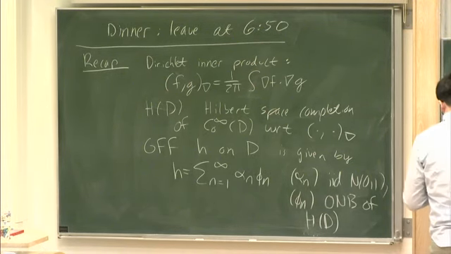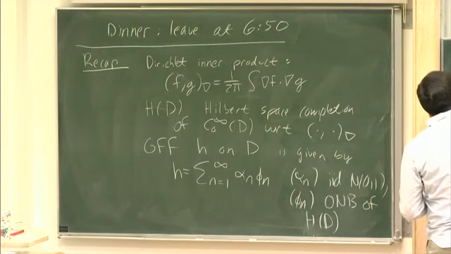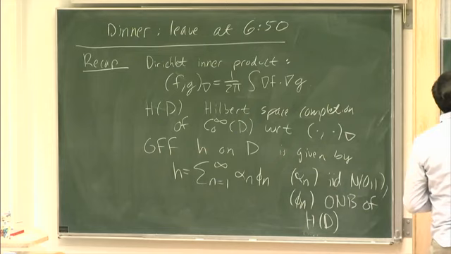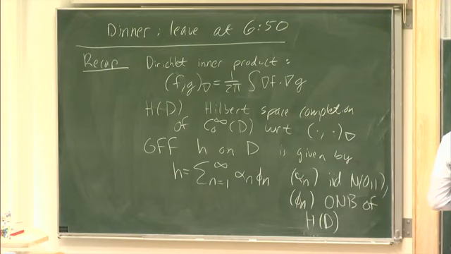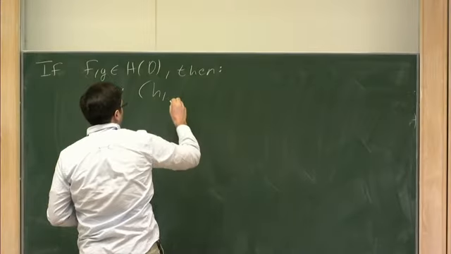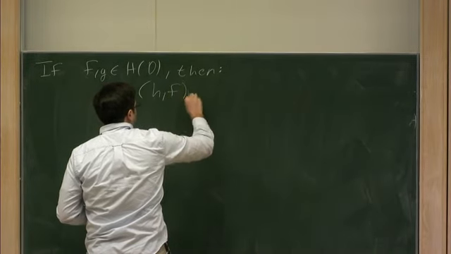So we also showed that if we have functions f and g, which are in the space H of D, then first of all, you can make sense of the Dirichlet inner product of your Gaussian free field with, say, f.